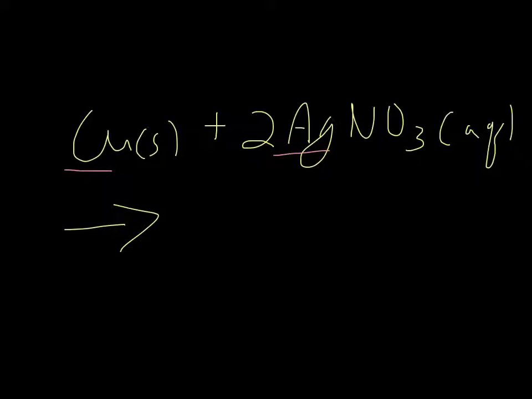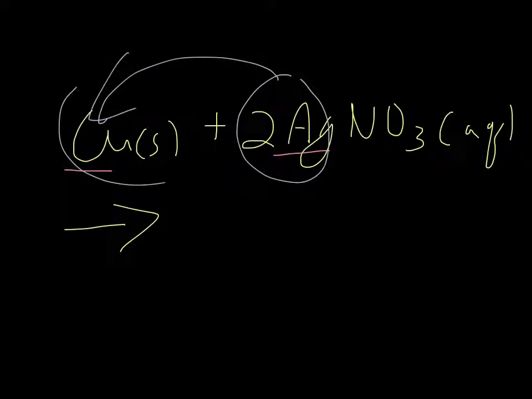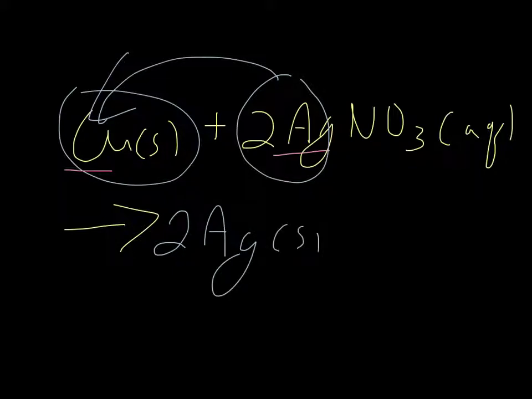So that's why you have 2 silver nitrate, because there need to be 2 nitrates to cancel out the copper 2+. When we see the switch, the Ag is going to switch with the copper, single replacement. So we're going to have 2 Ag solid.